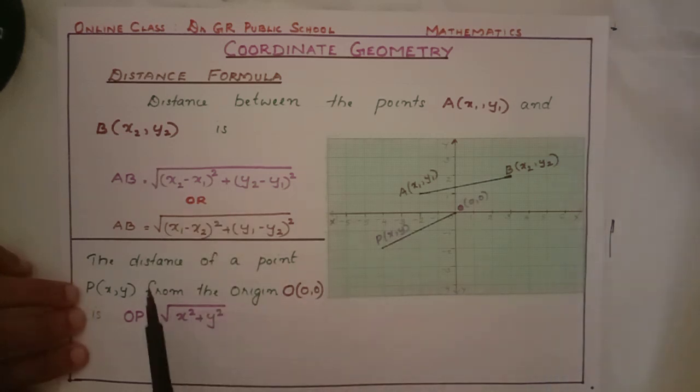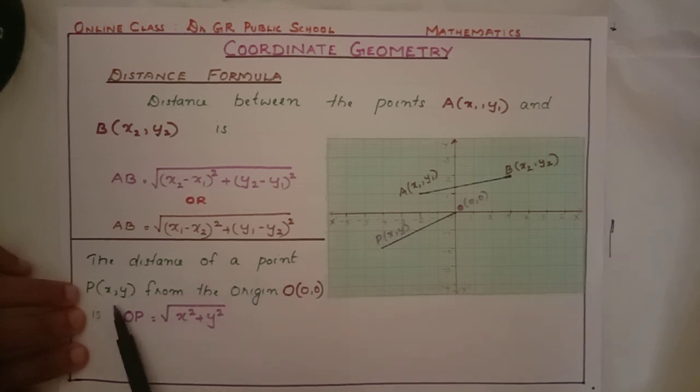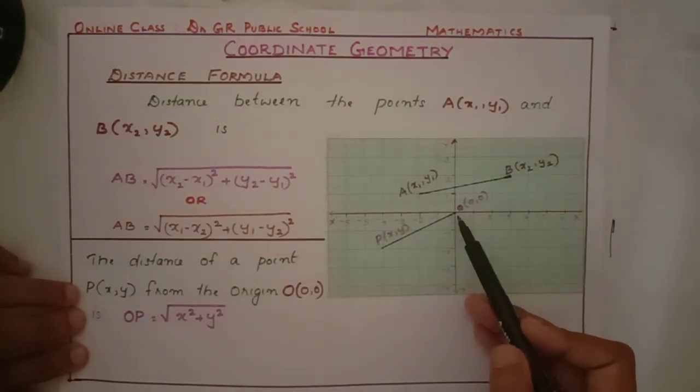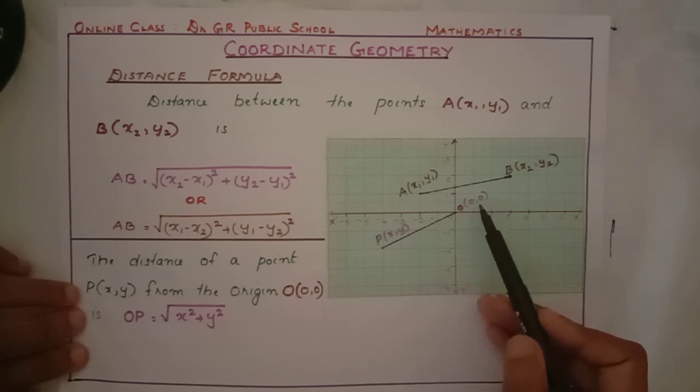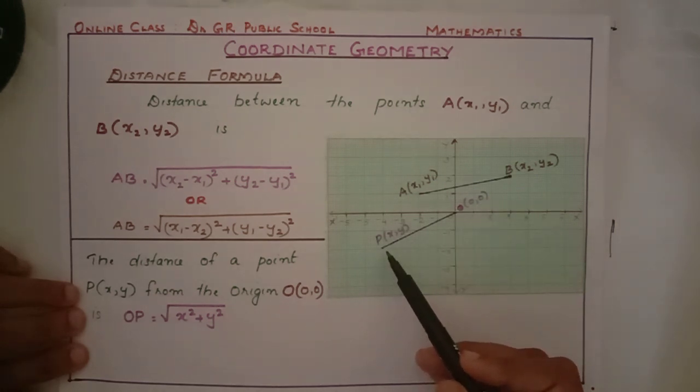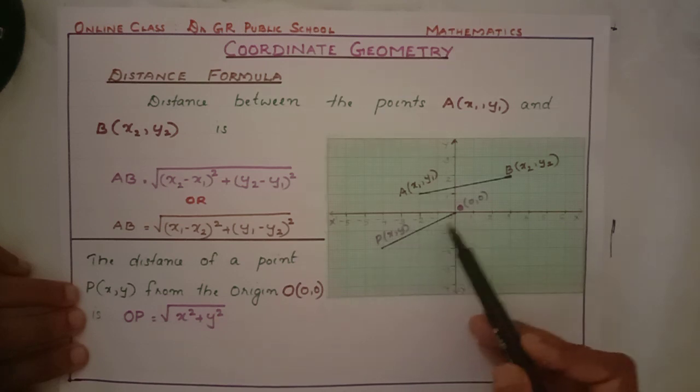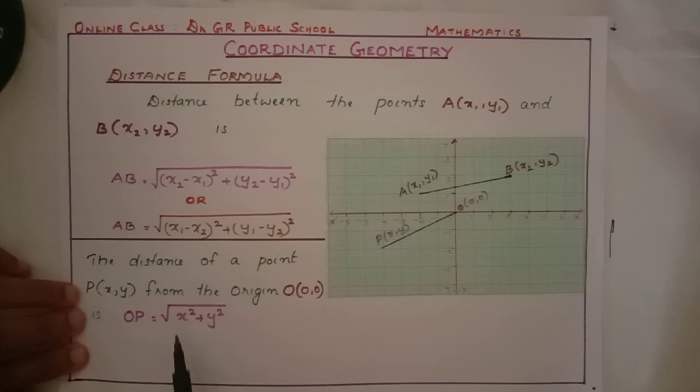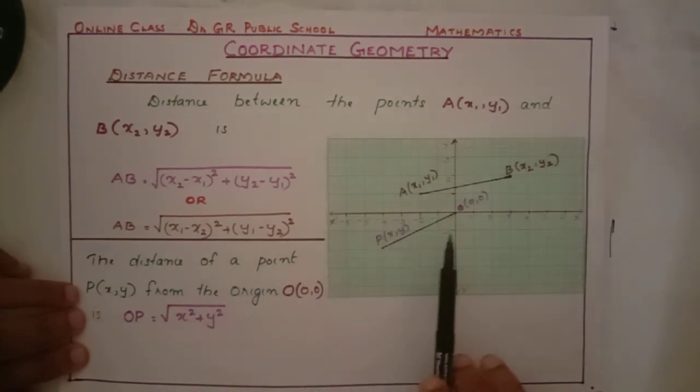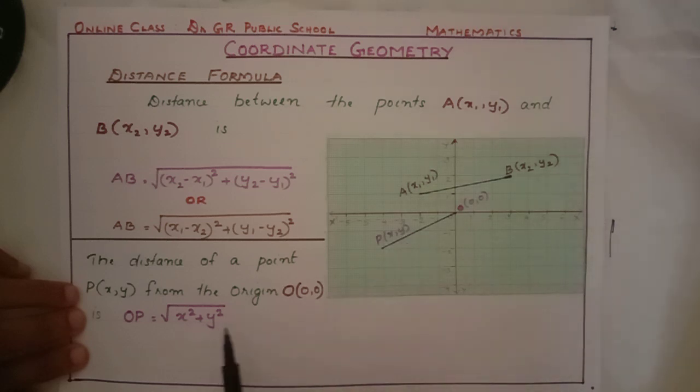Then you studied the distance of a point P(x, y) from the origin, which we denote by (0, 0). The distance between these two points is the square root of x square plus y square. This you can also apply, and if it is for only 1 mark, this will be easy. This also you have to remember.